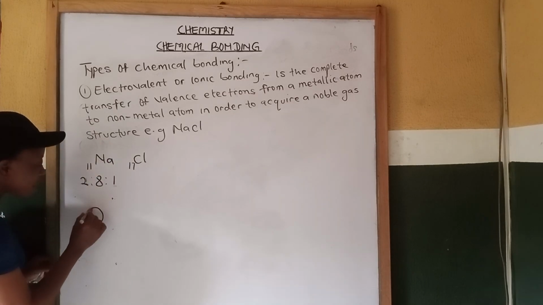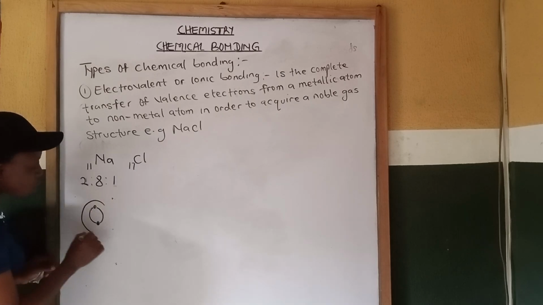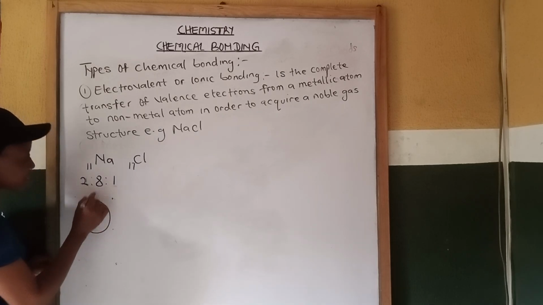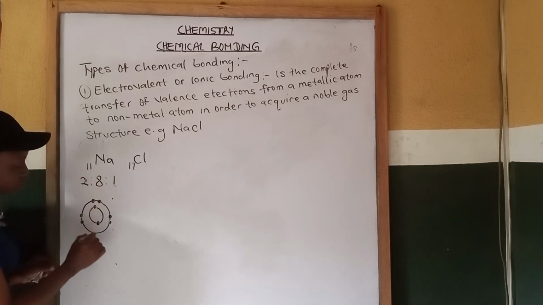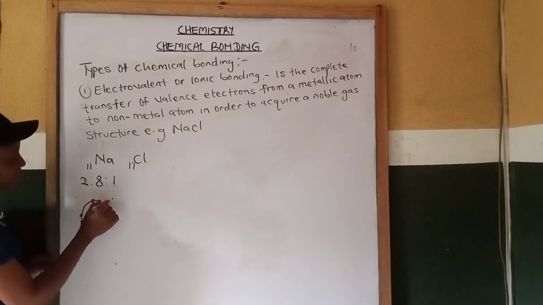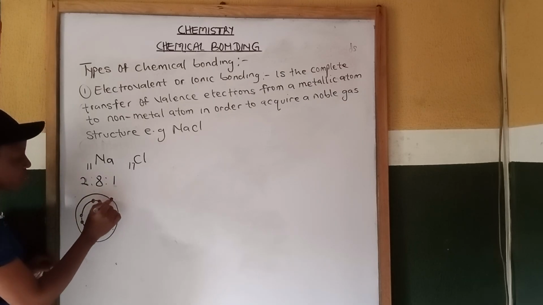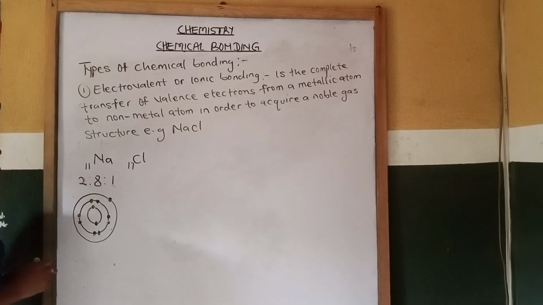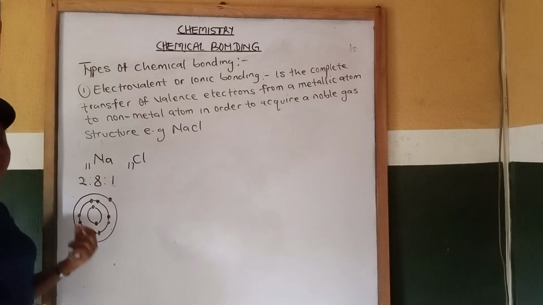The first shell will carry 2. The second one will carry 8 electrons. Then the last shell carries 1 electron. So it is a metallic atom because it has 1 valence electron.